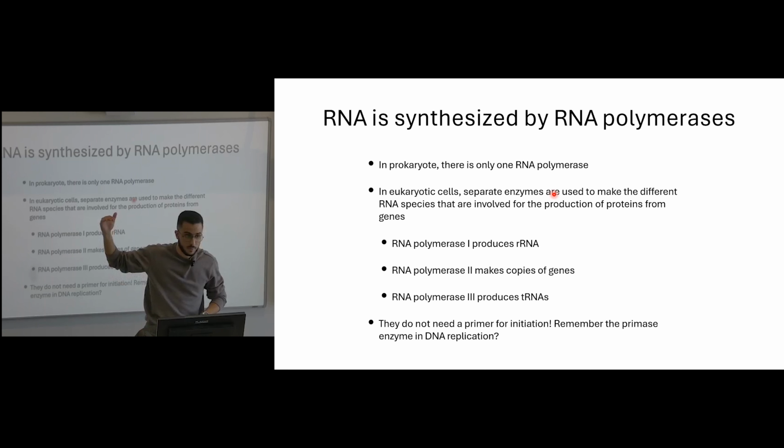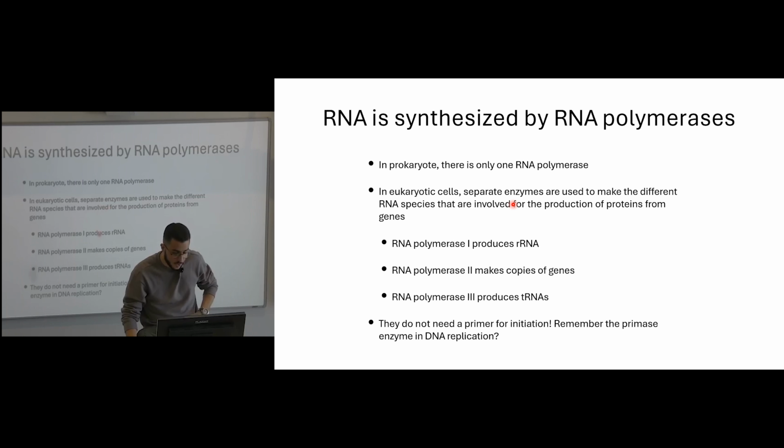You have replication happening, but at the same time transcription, and that mRNA coming out will bind ribosomes and translation happens. In eukaryotes, because there's a separation between nucleus and cytosol, the translation only happens in the cytosol. So the mRNA has to be ready and kicked out of the nucleus before being translated.